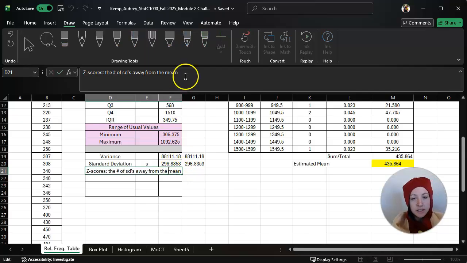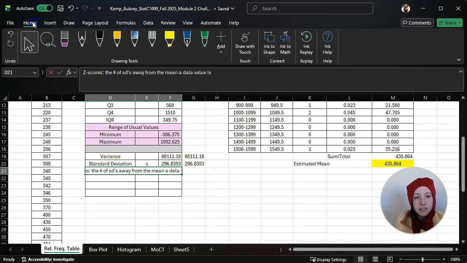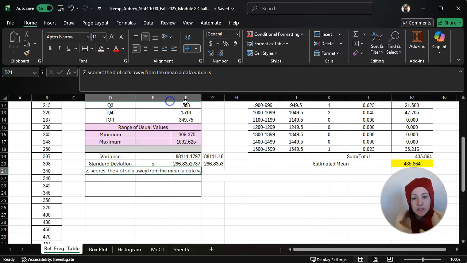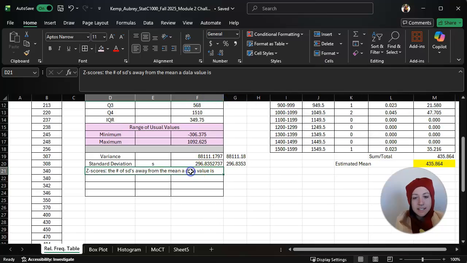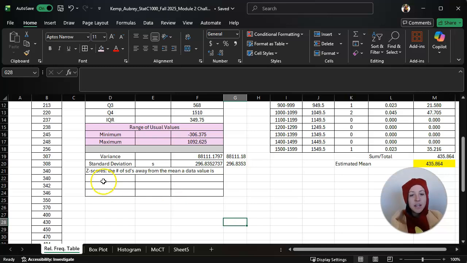So this is how many standard deviations away from the mean a data value is. I'm going to realign this so that we can see it. Oh, and it says data value. Okay. So a z-score is the number of standard deviations away from the mean that a data value is.